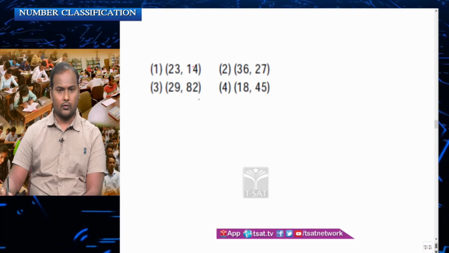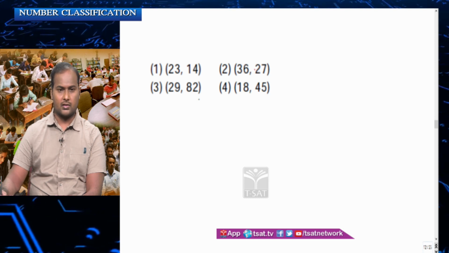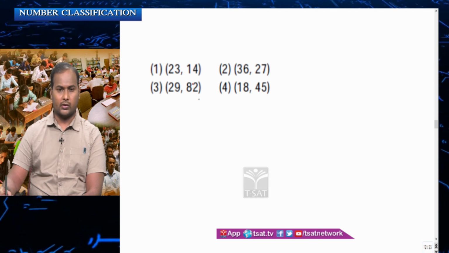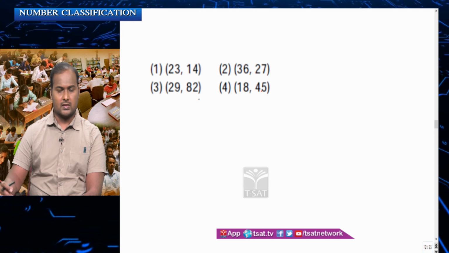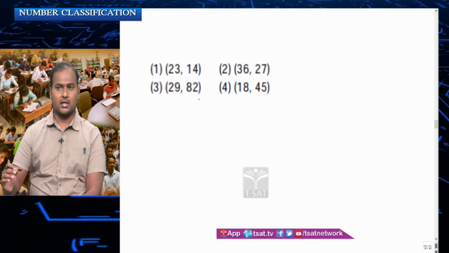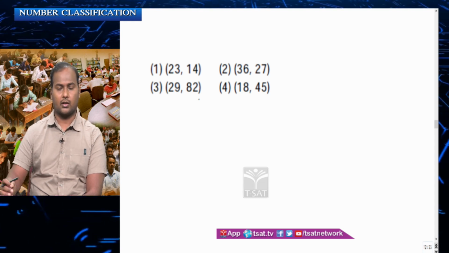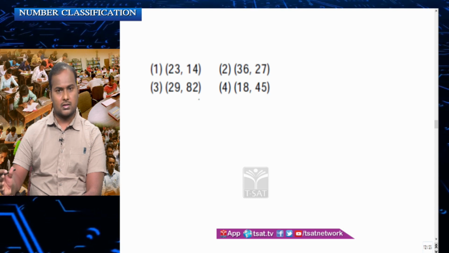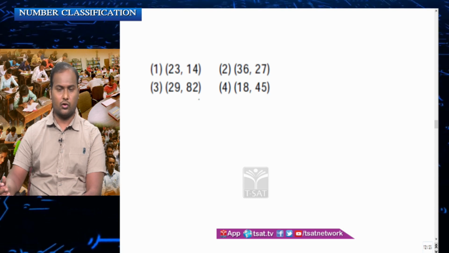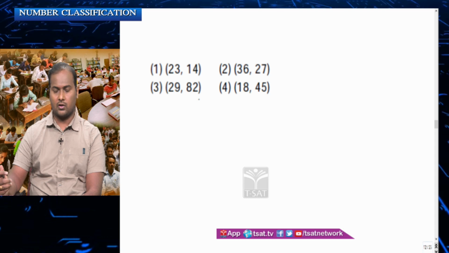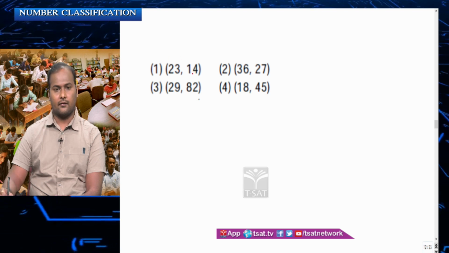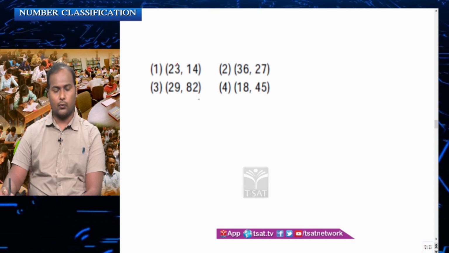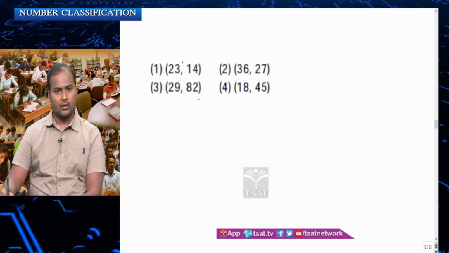Next question. See the numbers 2314, 3627, 2982, 1845. See here, what I said, you have to check the range. Based on the range, I can conclude whether it is squares, cubes, multiplication, division or subtraction. The moment I see 14 and 23, they are not very far, they are very near.